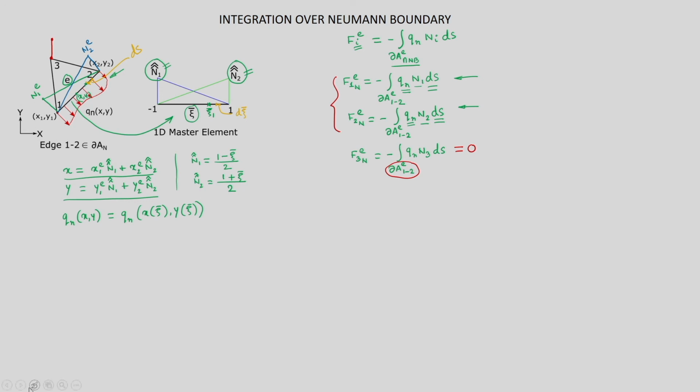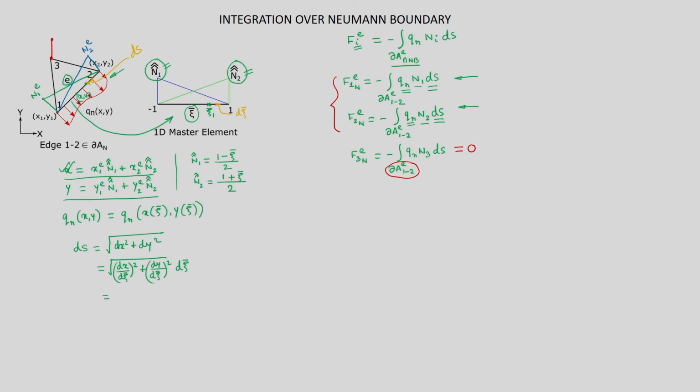Now ds we can write as the square root of dx square plus dy square, and dx square we will write as (dx/dxi bar) whole square plus (dy/dxi bar) whole square, into d xi bar. Now dx/dxi bar we know, from this relation we can find out dx/dxi bar.